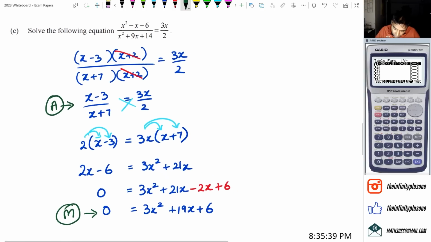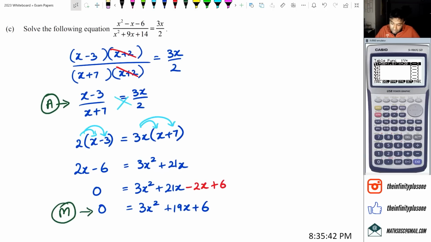That's pretty sweet. Now all we've got to do is factorize the quadratic. So 3x squared plus 19x plus 6 equals 0. 3 times 6, I've got 18. I've got 19 in the middle.